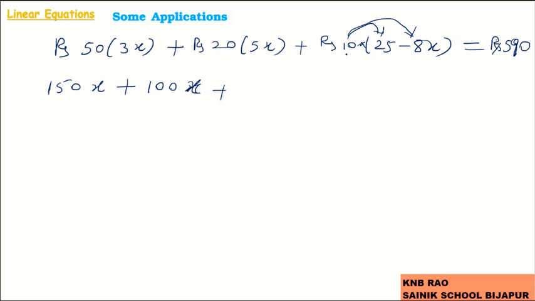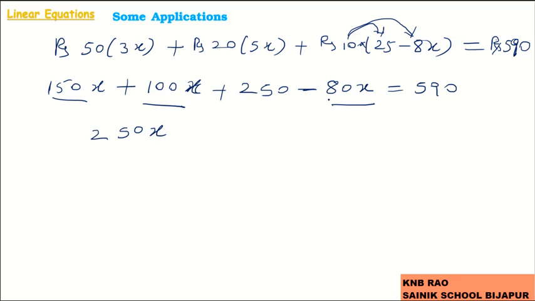So we have 10 twenty-fives are 250, and minus, 10 eights are 80x, equals 590. Here the like terms are 150x, 100x and 80x. The 150x and 100x are to be added, that is 250x, and the 80x to be subtracted from it, plus 250 equals 590.